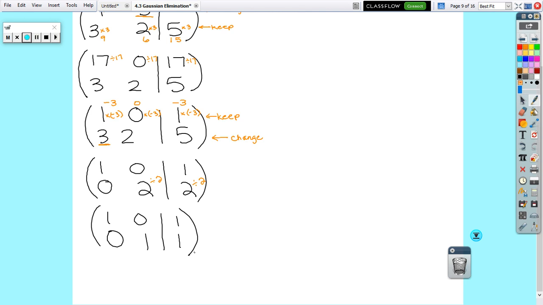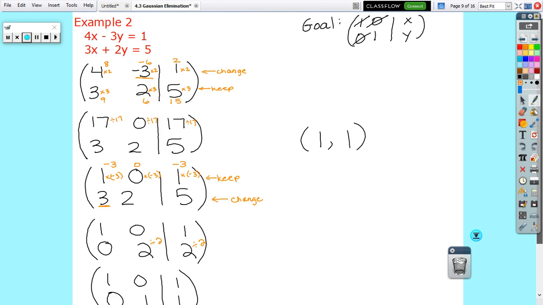So that means the ordered pair, this represents X, and this represents Y. So our ordered pair would be 1, 1. And if we go back up, we can check this by plugging the X and the Y from our ordered pair into each one of these equations here. So if we have 4 times 1 minus 3 times 1, it should equal 1.